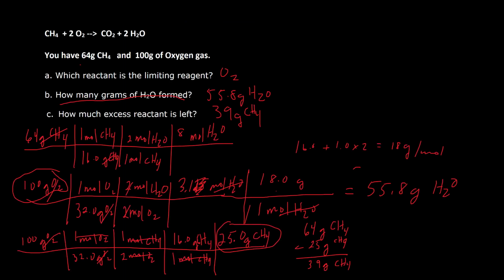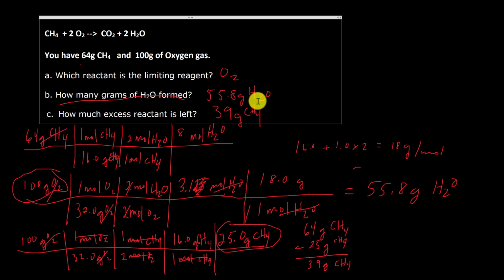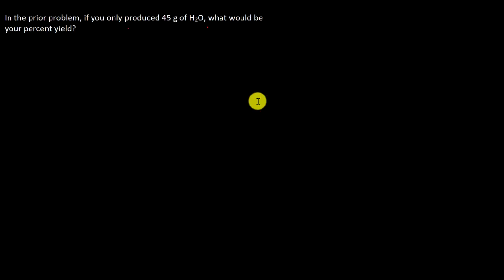The last question that we ask is, in the prior problem, if you only produced 45 grams of H2O, what would be your percent yield? So if we look at the previous problem, we calculated that we would produce 55.8 grams, right down here, 55.8 grams of H2O.